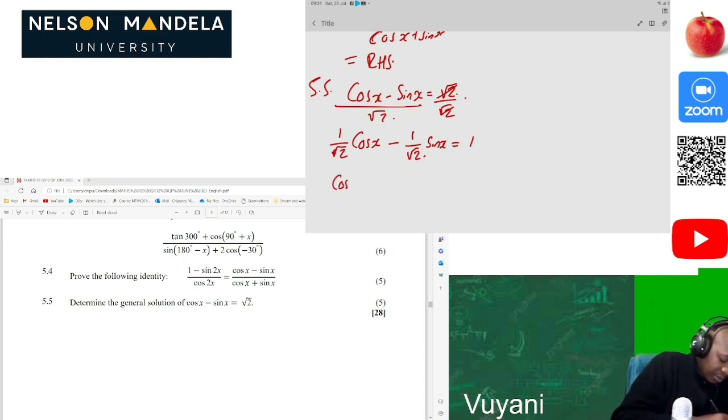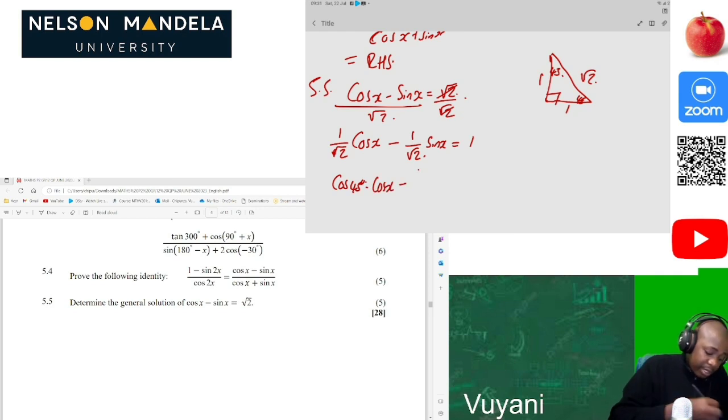Of course, this is a special triangle for 45, guys, if you didn't remember. This is 45, 45, and this is 1, 1, root 2. So 1 over root 2 is cos of 45 times cos of x minus, of course, this can now be sine of 45 times sine of x equal to 1.